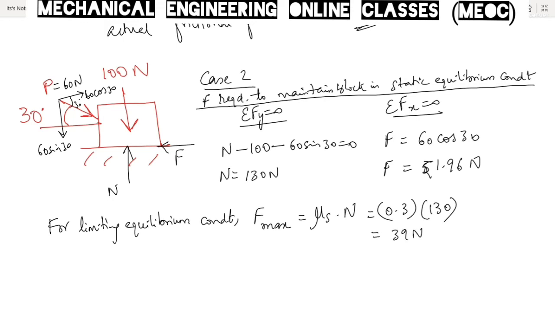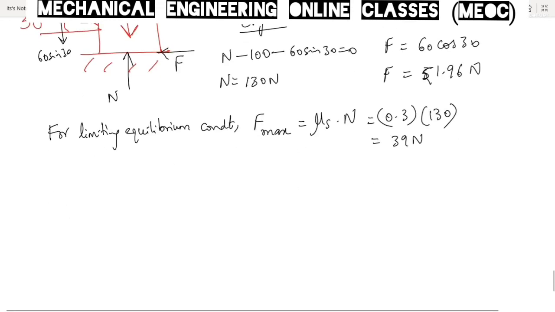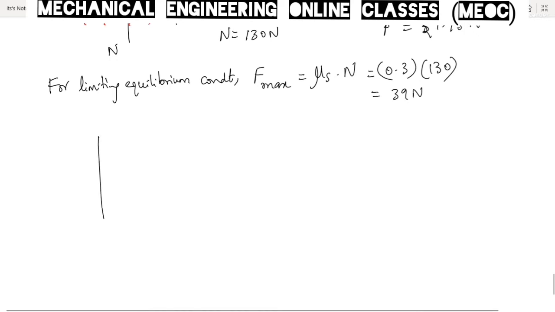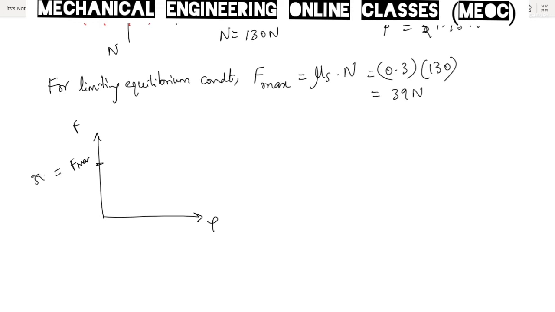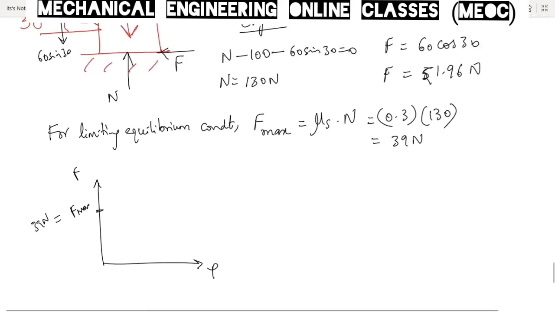So this will become 39 Newton. Now if you carefully see, the limiting equilibrium condition is 39 Newton. So in the graph of P and F, max is this friction, which is 39 Newton.